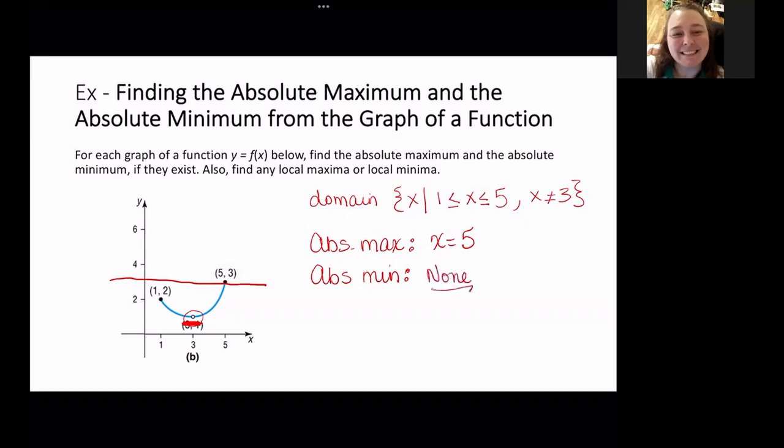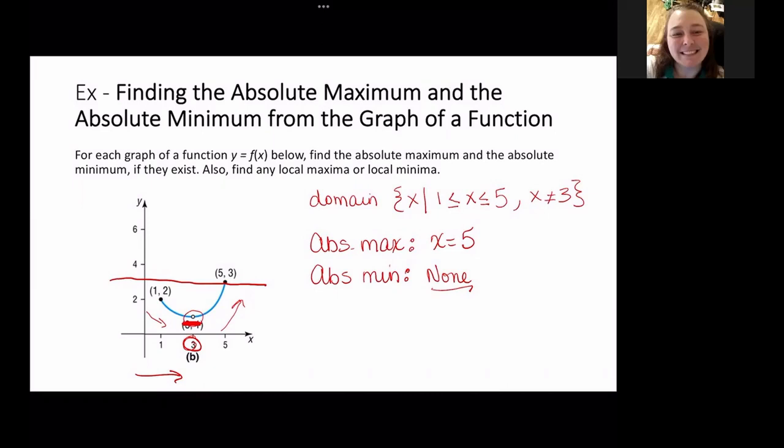Okay, why? So as you trace that graph from left to right, you're decreasing as you're getting closer to this 3 and you're increasing after the 3. But when you're at the 3, it's not there. Okay, so there's no single value that you're going to say, oh, that's the smallest, that's my minimum. So, as you get closer to that (3, 1), there is nothing.